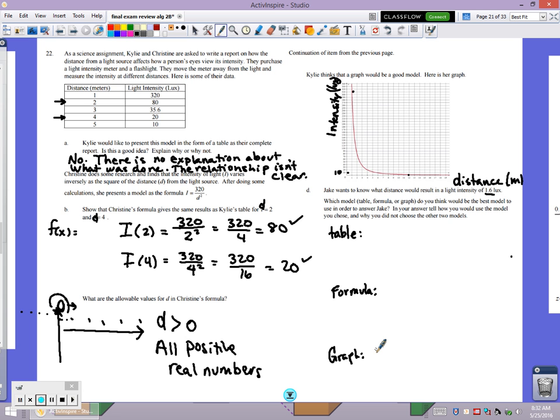Okay, so the graph would be very hard to see, especially with the scale that they have. So we would go 1.6 up on the y-axis and go over till we found the x, but it's really hard to see, so I would not use this one.